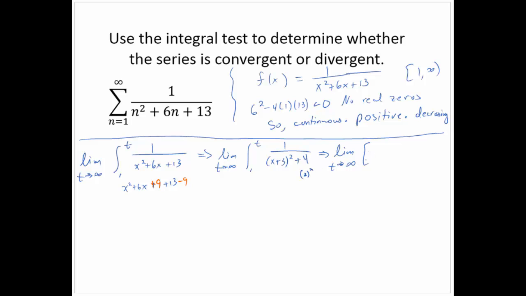So limit as t approaches infinity of 1/2 arctangent x plus 3 over 2, and evaluate that from 1 to t. We can bring that 1/2 outside, so I've got 1/2 limit t approaching infinity of arctangent of t plus 3 over 2 minus arctangent of 1 plus 3 over 2.